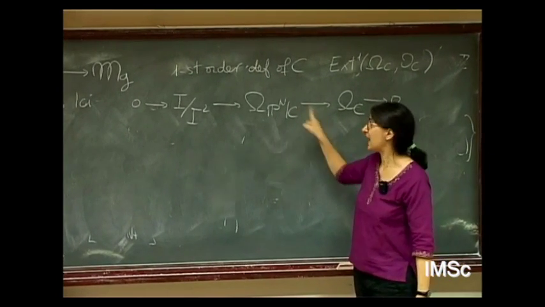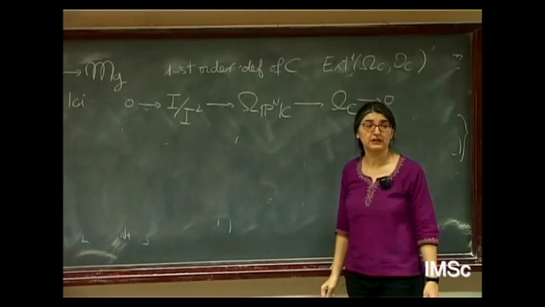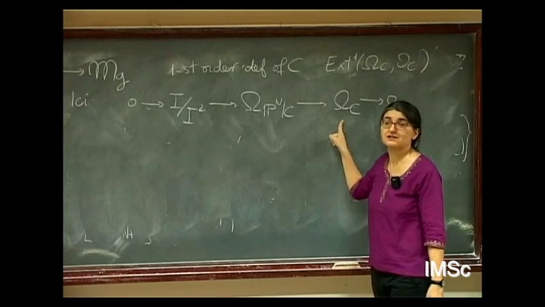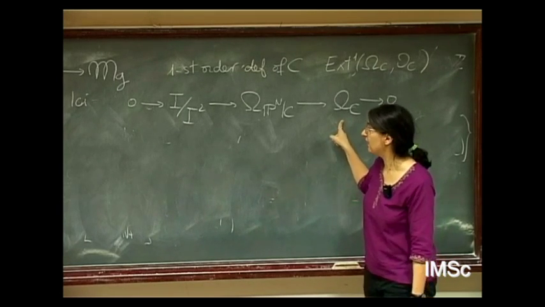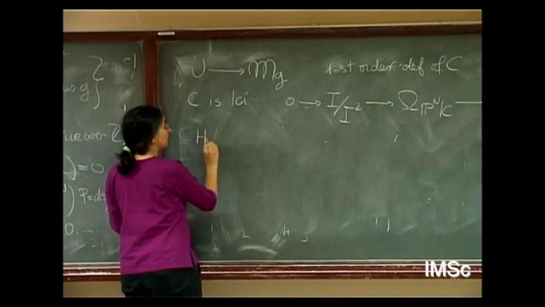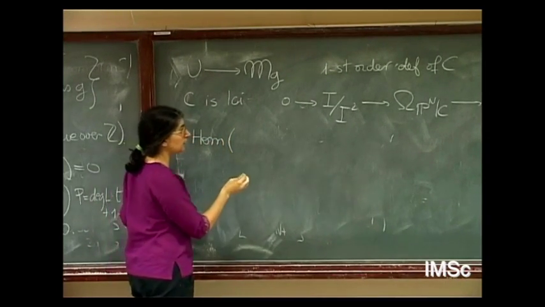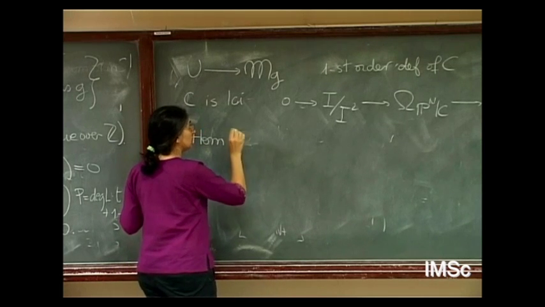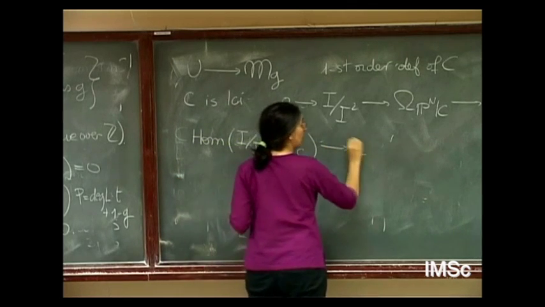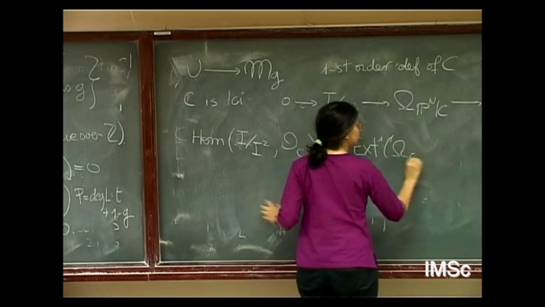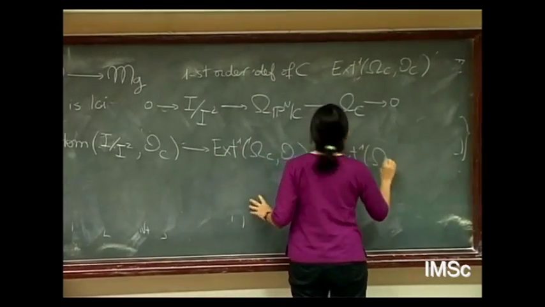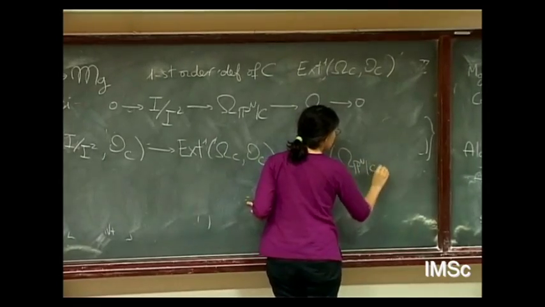But it's actually still exact if P^n is smooth and the thing you're putting it in is LCI. What goes wrong is that omega_C is no longer locally free, but it doesn't matter. So what you get is the tangent space: Hom of I/I^2 to O_C goes to Ext^1 of omega_C, O_C, goes to Ext^1 of omega_P^n restricted to C, O_C.